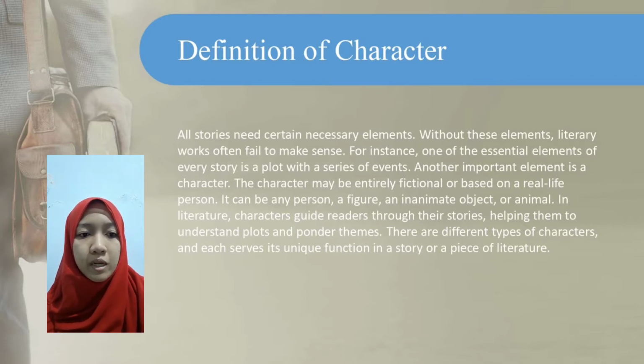It can be any person, a figure, an inanimate object, or an animal. In literature, characters guide readers through their stories, helping them to understand plot and ponder themes. There are different types of characters, and each serves its unique function in a story or a piece of literature.